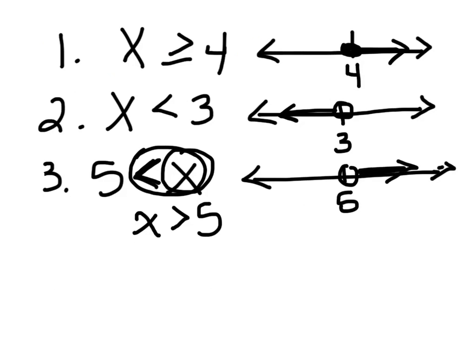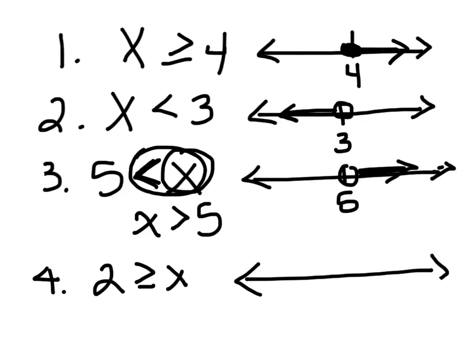Let's do one more like that. Let's do this one here. Let's have 2, and we're going to do greater than or equal to x. Again, it's not the 2 that I'm graphing. I'm graphing whatever the value of that x is. So I'm going to find the 2. Now, if I read it going this way, x is going to be less than or equal to 2.